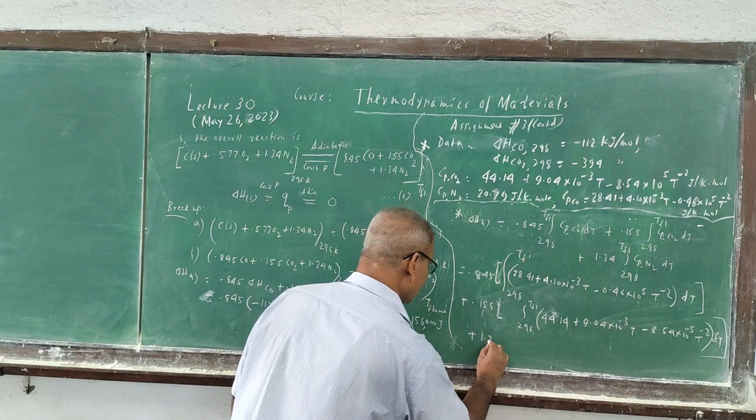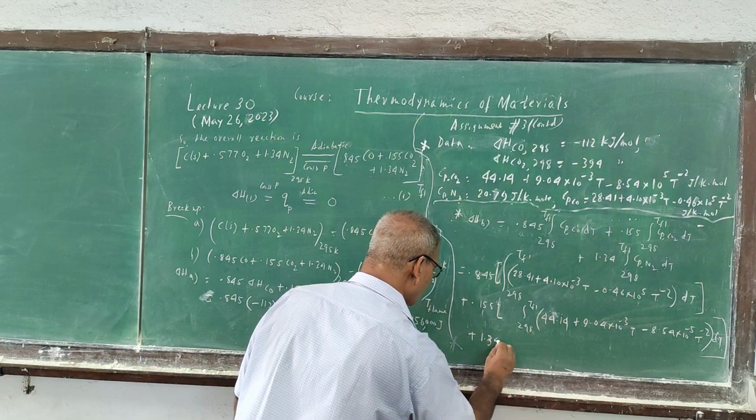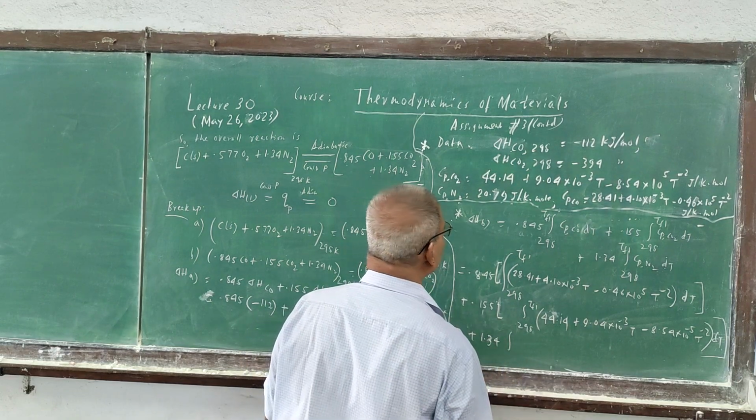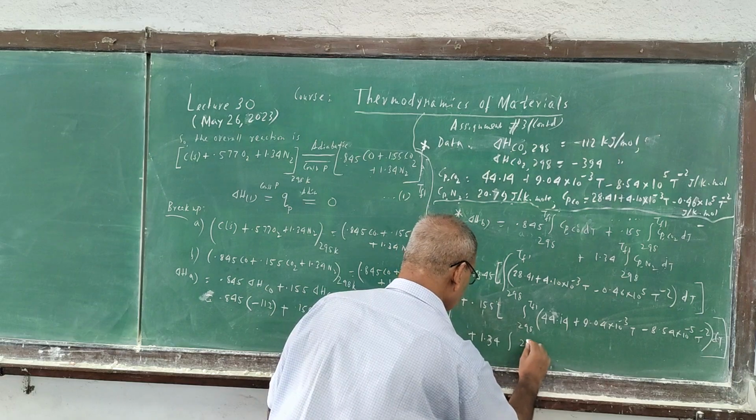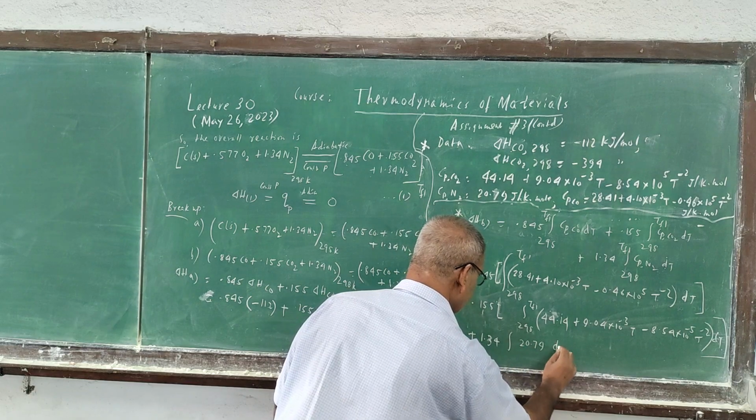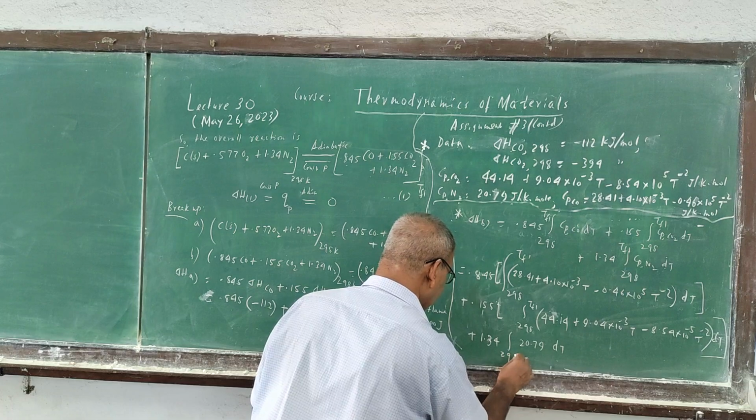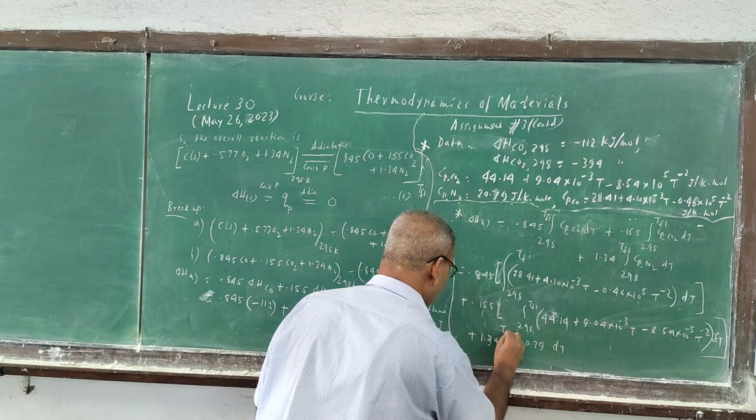Nitrogen is simpler because it is only one term, Cp. What is that? 20.79 dT, with temperature running from 298 to T flame as before.